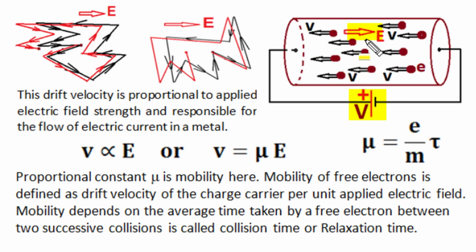By the action of this electric field, the black directed random thermal motion, which won't produce any shift in electron position or charge transfer, gets modified as the red directed curve, and all free electrons will drift in the opposite direction of the electric field as shown here. This drift velocity is directly proportional to applied electric field, and the proportionality constant is known as mobility, and the mobility of a drifting free electron depends upon the average time between collisions, called relaxation time.